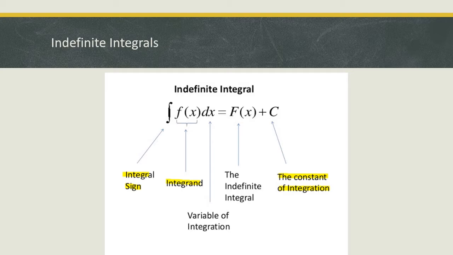So when solving for the antiderivative of an equation, you typically add a plus c to represent the constant that is unknown to the equation. The dx also represents the variable of integration, while the solution, or capital F of x, is the indefinite integral, also known as the antiderivative.